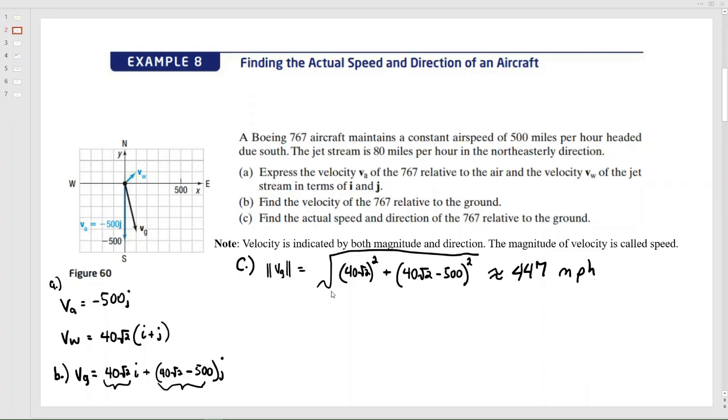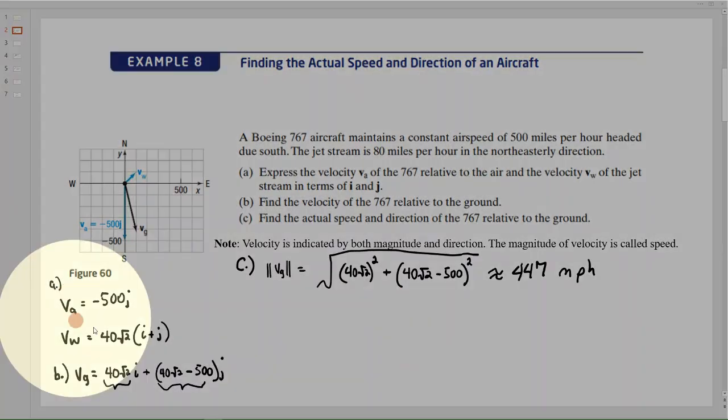Okay, so far for C, we've found the speed or the magnitude from the component parts. Now we want to find the direction. We'll also get that from the component parts, because remember that this right here is how far we go in the x direction, how many units we go in x, and then the coefficient of j is how many units, positive or negative, we go in j. And that's really where this point ends, right?